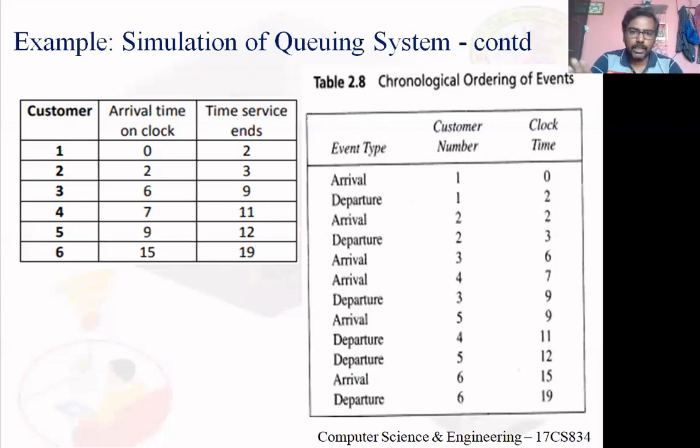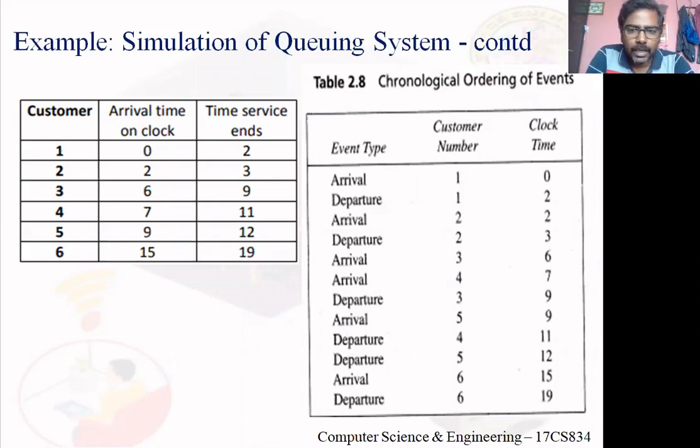Here you need to look at this first table. How I have arranged the second table: you can look at the first table. Look at 2 columns: arrival time on clock, time service ends. At time 0, arrival of first customer. At time 2, departure of first customer and arrival of second customer. At time 3, departure of second customer. Got it? Next, at time 6, arrival of third customer.